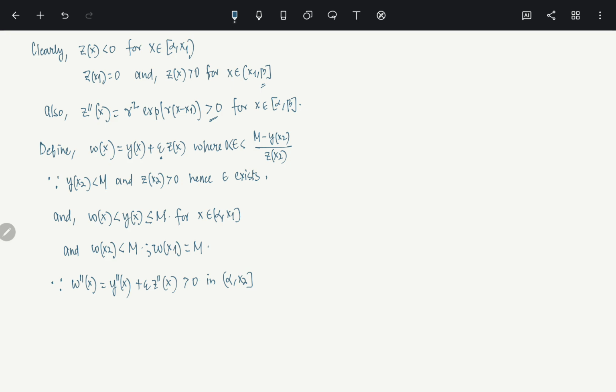Okay. Now since, one second. Yeah. So we have actually found a function whose second derivative is strictly positive in alpha x2. Okay.